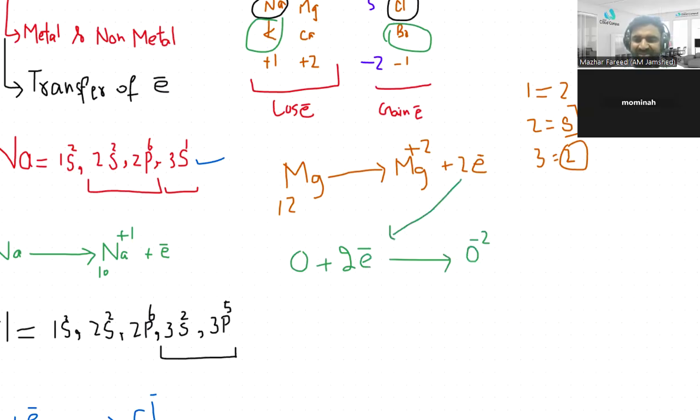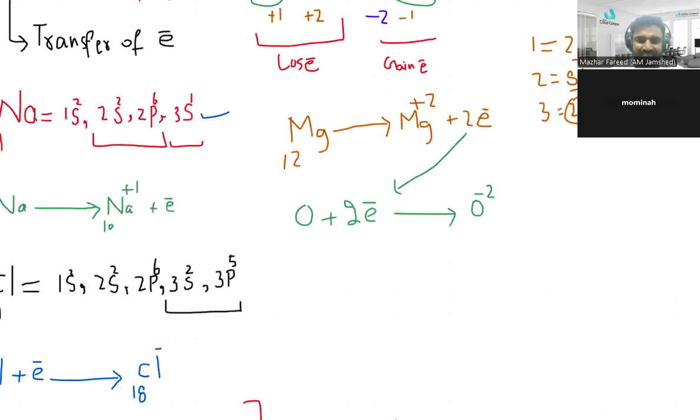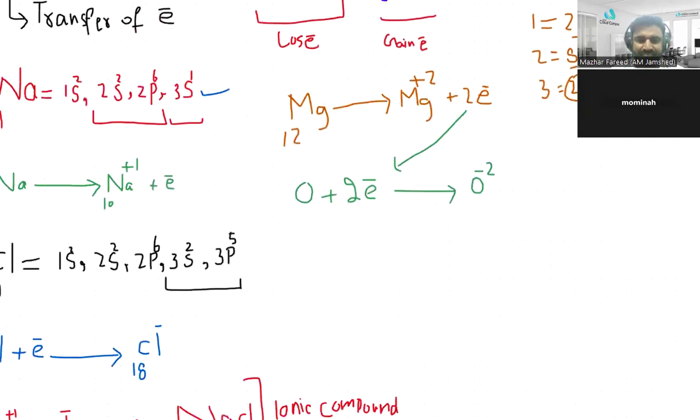Then you can draw the equation like this: magnesium has a +2 charge and oxygen has O -2.